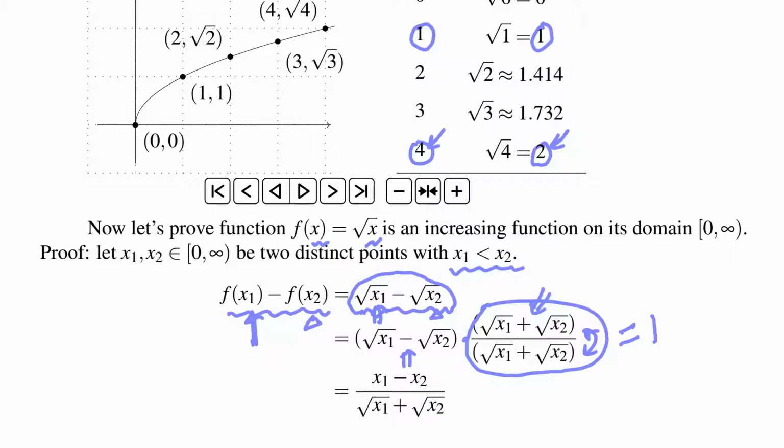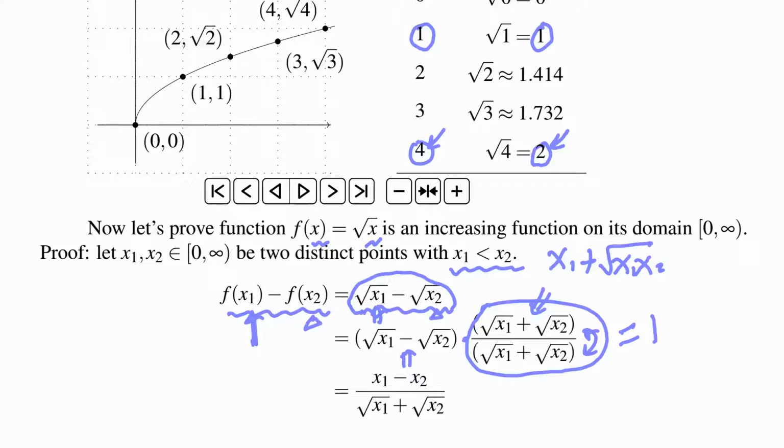When you do the multiplication, what are the detailed steps? Radical x1 times radical x1 gives x1. Radical x1 times radical x2 gives radical x1 x2.